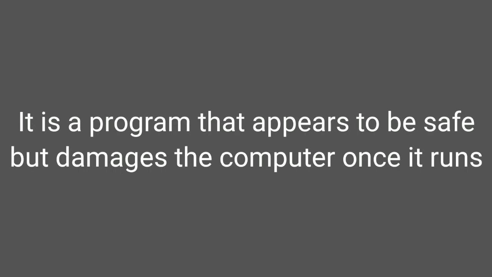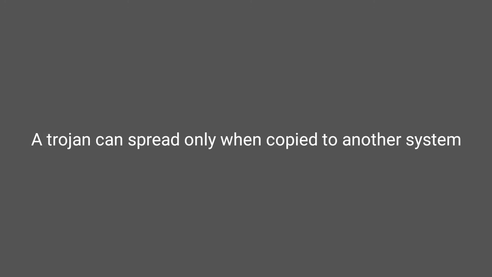We have seen that computer viruses can reproduce while they infect files, but Trojans do not reproduce by infecting other files. Trojans can spread only when they are copied to another system.